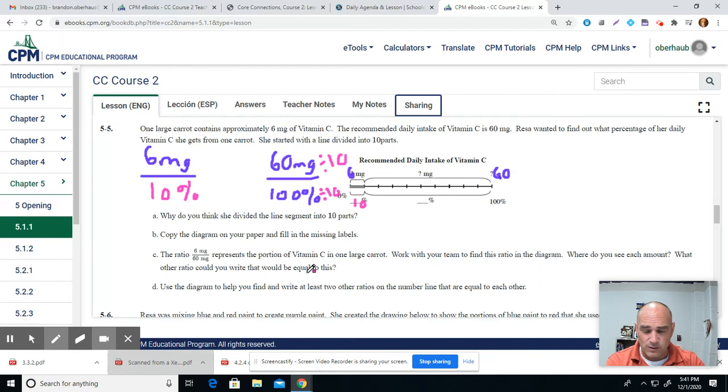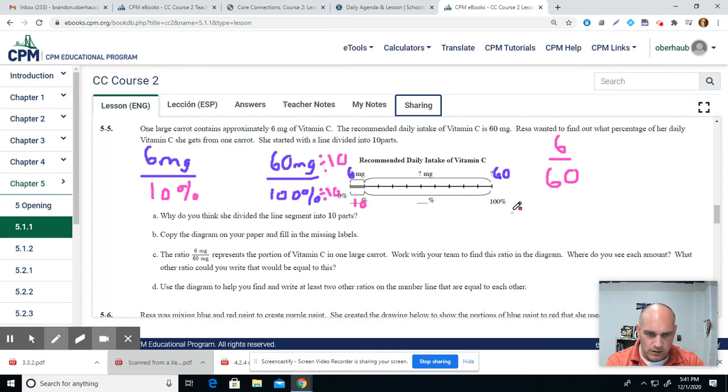6 over 60. Well, so here's what I think they're trying to get us to do. So we have 6 over 60. So I'm working out the top, the first one over the second one. So I've got this over this. And I wonder if I could do this then over this. Notice I'm taking the first part, my part, and then my whole.